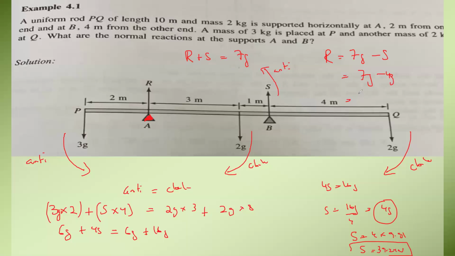So 7G minus 4G, so R is equal to 3G. That means 3 multiplied by 9.8, which is 29.43 newtons. So the force R is 29.43 newtons and S is 39.24 newtons. That's how we work out the total normal contact force or the upward force.